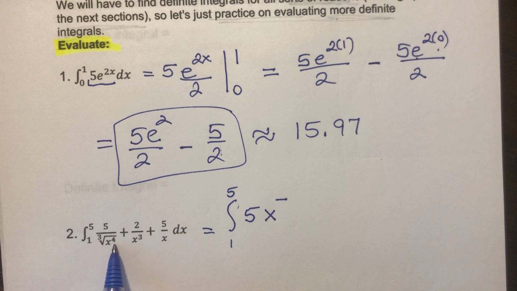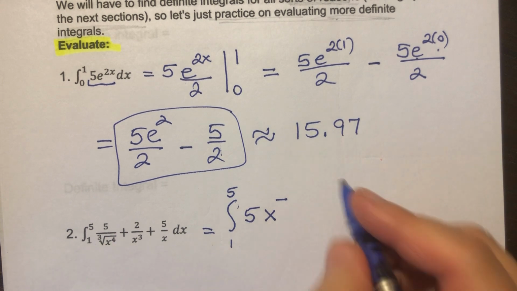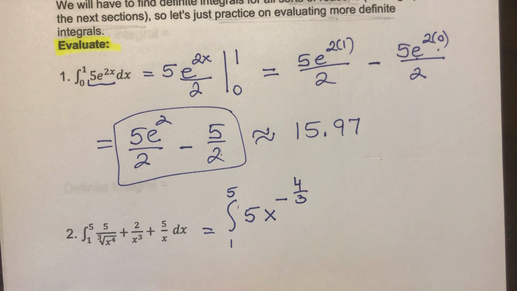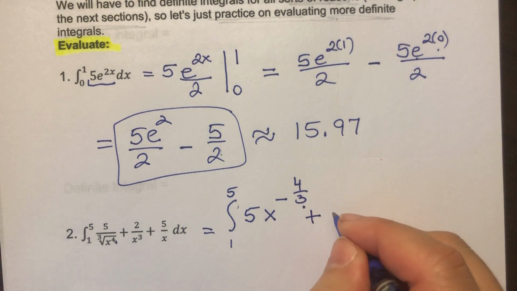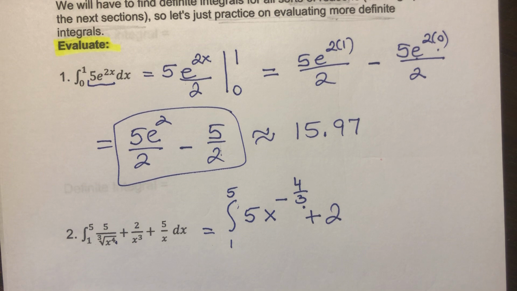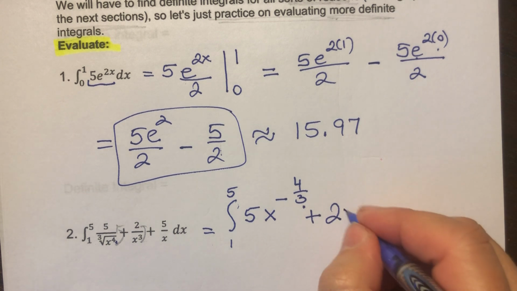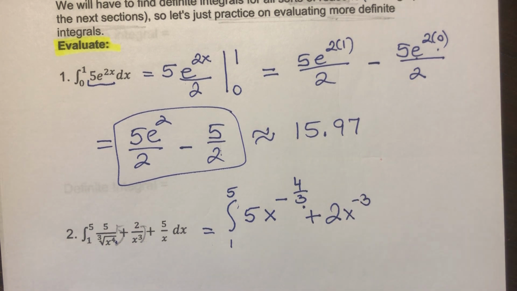It's an x to the 4 divided by 3. So remember, the index of the radical always becomes your denominator, yes? The exponent is your numerator. Plus 2, this x also has to come to the top. That's an x to the negative 3, right?